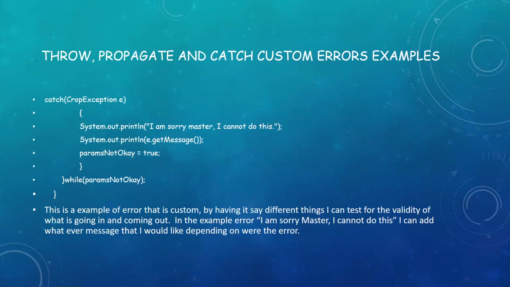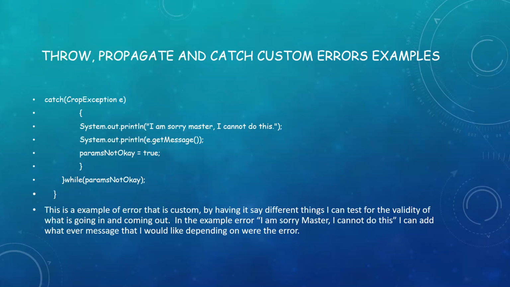Here's an example of our catch error. The user goes ahead and inputs an input, and then we catch that input if it was incorrectly inputted or not the right number that we're asking for.